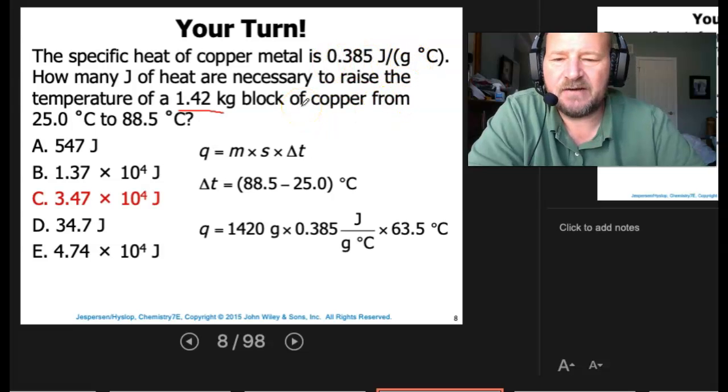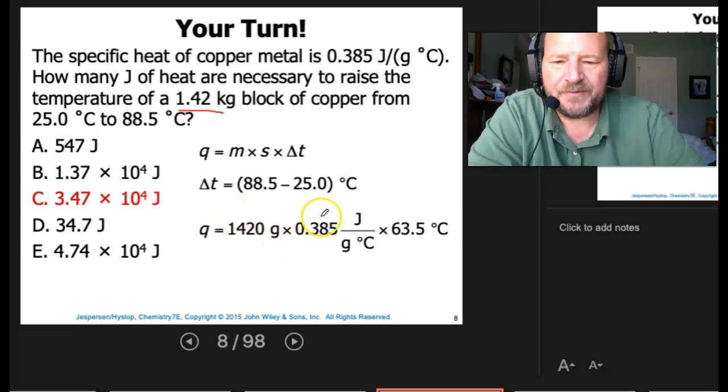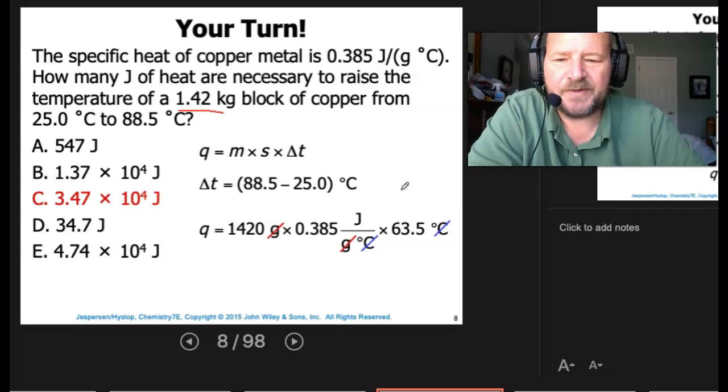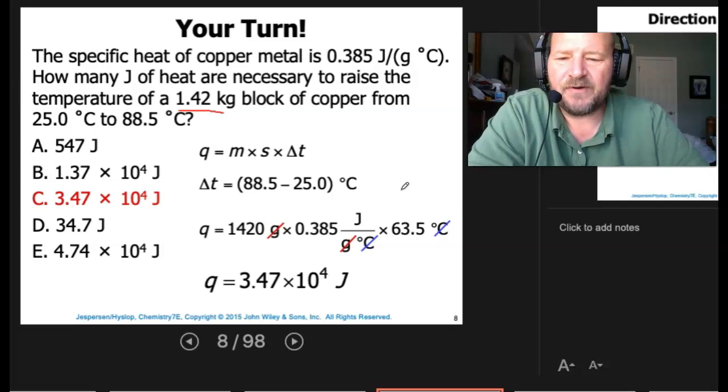We should have everything we need now. So it's going to be 1,420 grams times the 0.385 times that delta T 63.5. Here we can see the grams will cancel out. We can see degrees C will cancel out, and we'll be left with joules. We run that through our calculator, and we get 3.47 times 10 to the 4th.